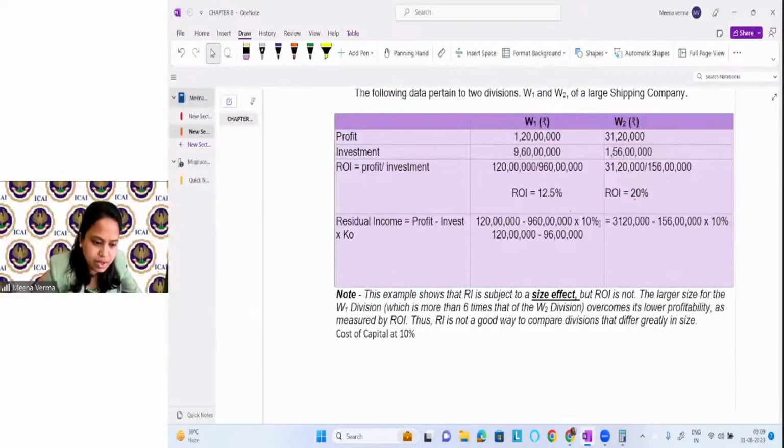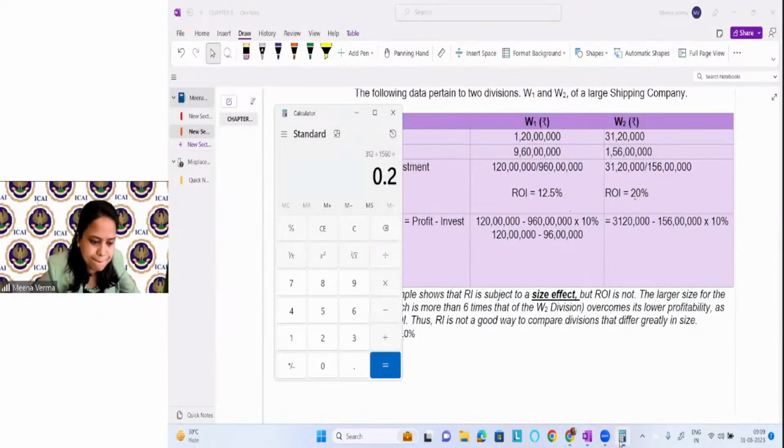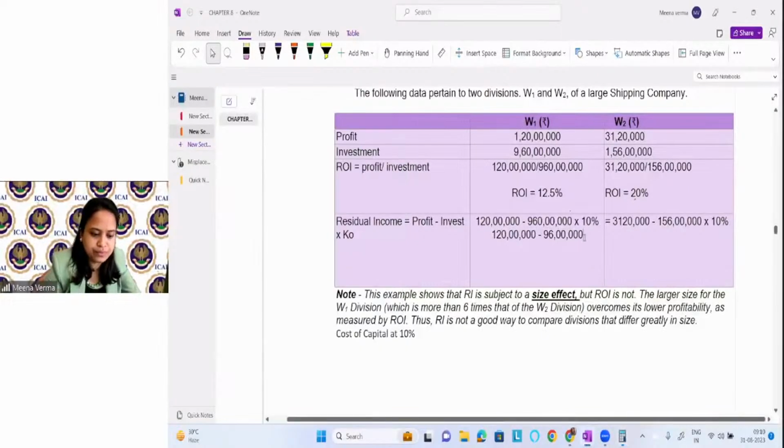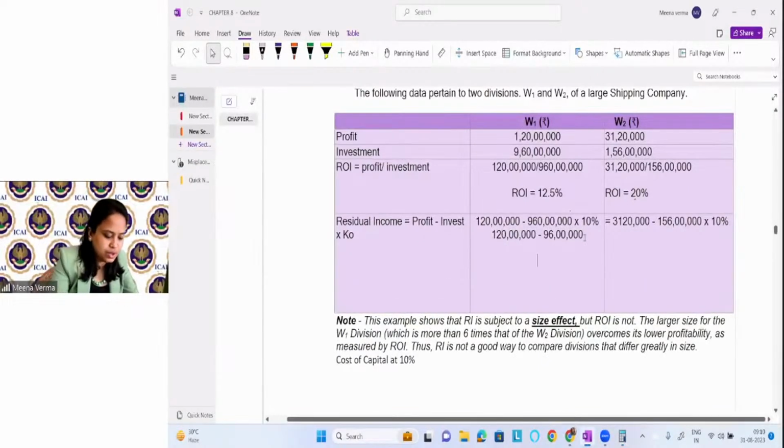This is coming high. 24. So here this value is coming as 24 lakh, right? This is the residual income we have calculated here. It is coming as 24 lakh.